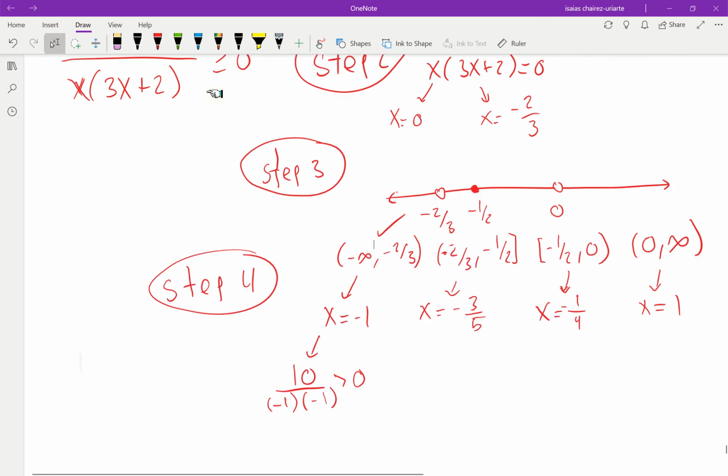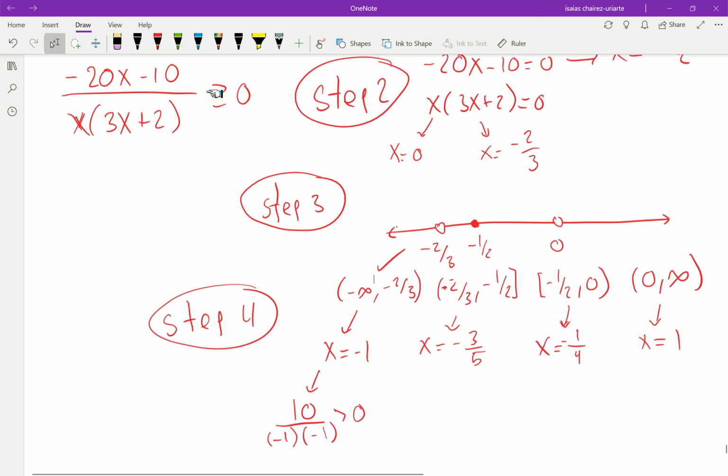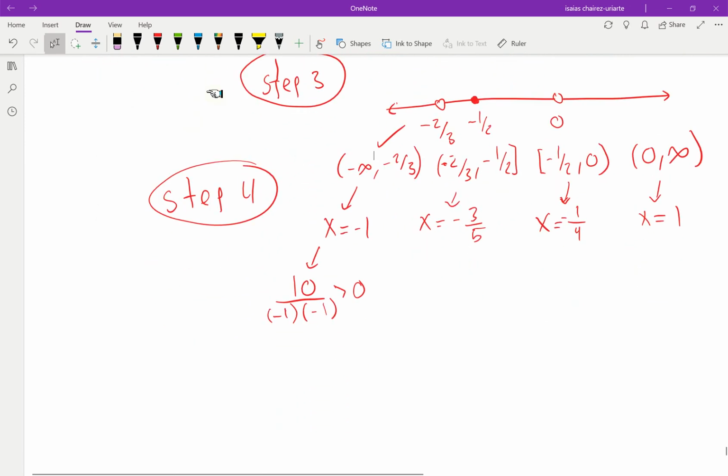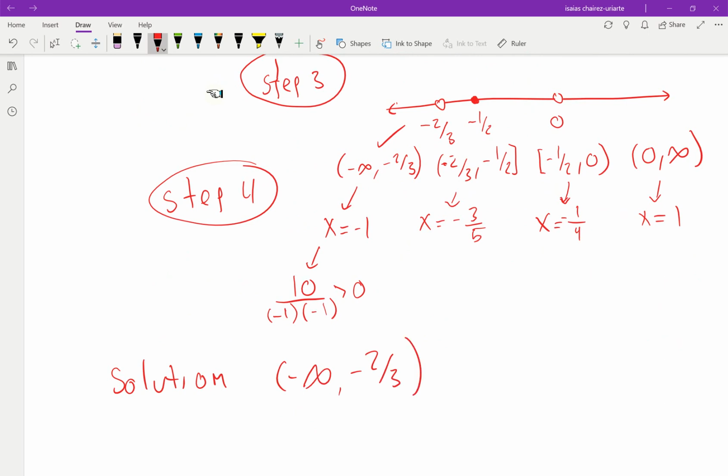Now, I'm going to let you verify the other intervals on your own. I'm just going to tell you what the solution set is. The solution set is going to be negative infinity to negative 2/3, union negative 1/2 to 0.